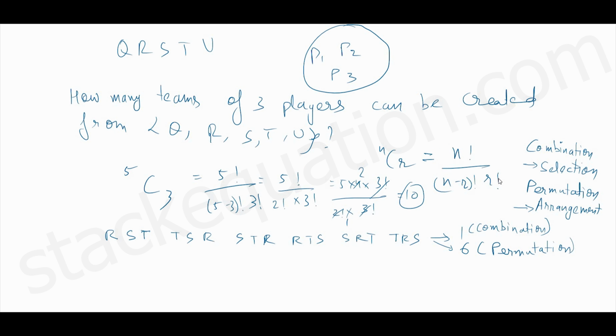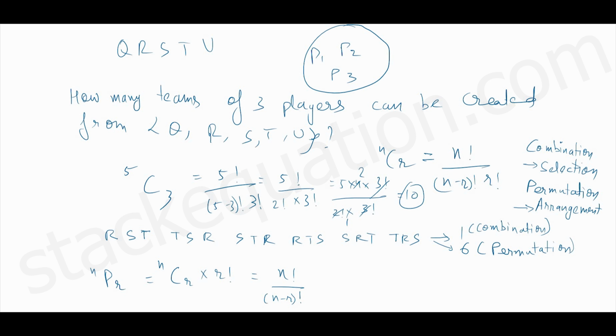So that's why all we need to do to write the formula of permutation is to multiply r factorial with nCr, which gives us n factorial by n minus r factorial. This is equal to nPr, right?